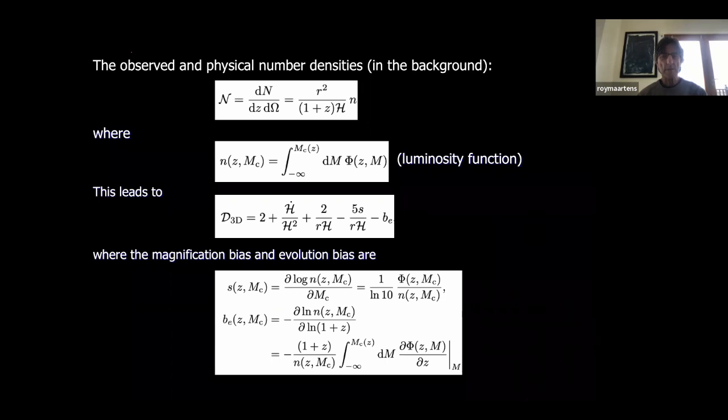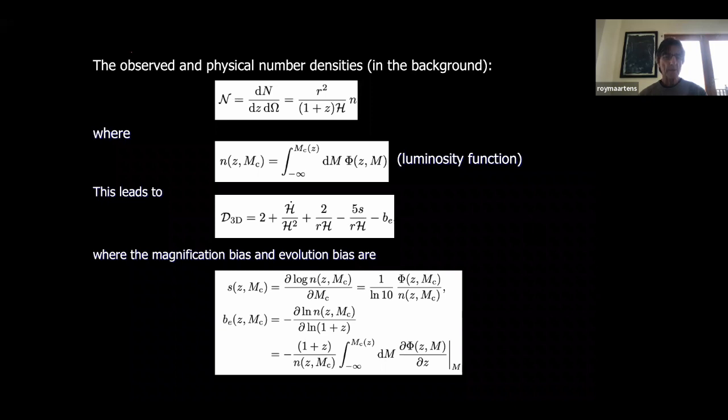So the magnification bias is familiar to most people. It's simply the partial derivative of the number density with respect to magnitude at the magnitude cut, roughly up to a factor. And the evolution bias, something which is less familiar, is simply the logarithmic redshift derivative of the number density at the magnitude cut.